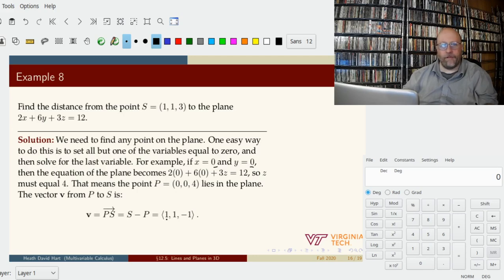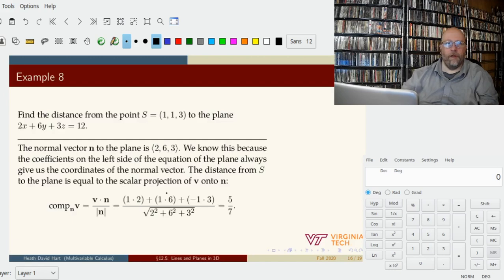And then that gives us the vector from that point to S. Then we know what the normal vector is. It's 2, 6, 3, because those come from the coefficients on the left side. And then the dot product over the magnitude of the normal vector gives us 5 on top and 7 on the bottom. Okay?